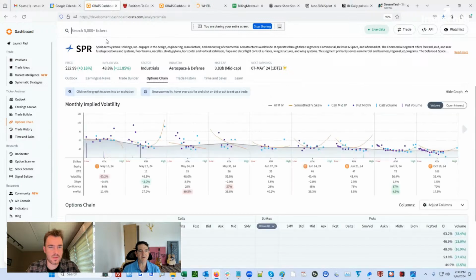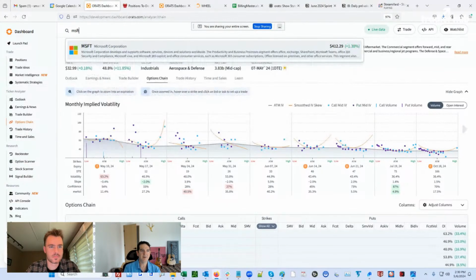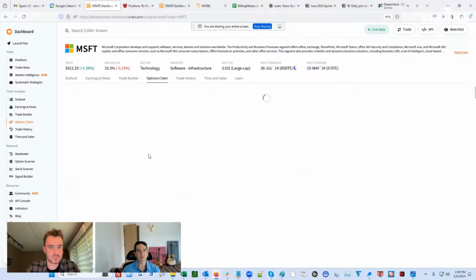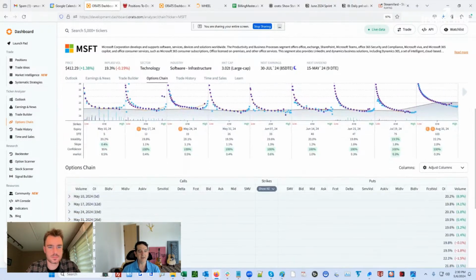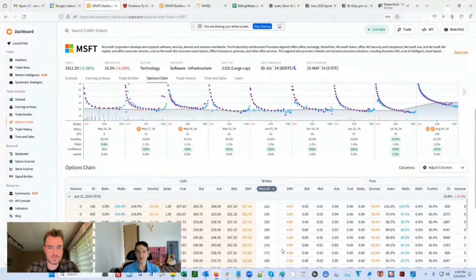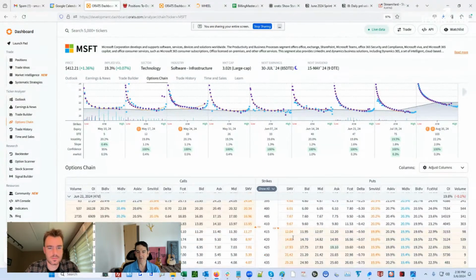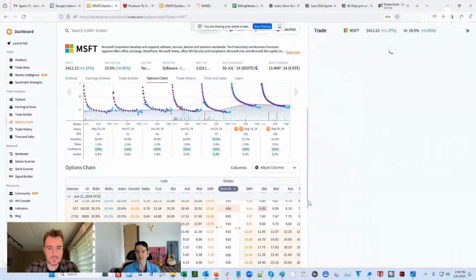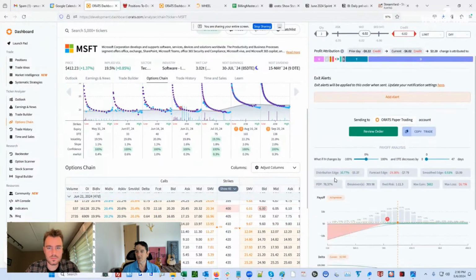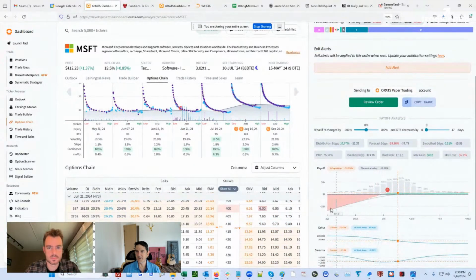Yeah, right. So, we'll pull up Microsoft. If you were to just naked sell something, Microsoft's at 412, so I'll sell the 400s for $6. As you can see, it just keeps going.